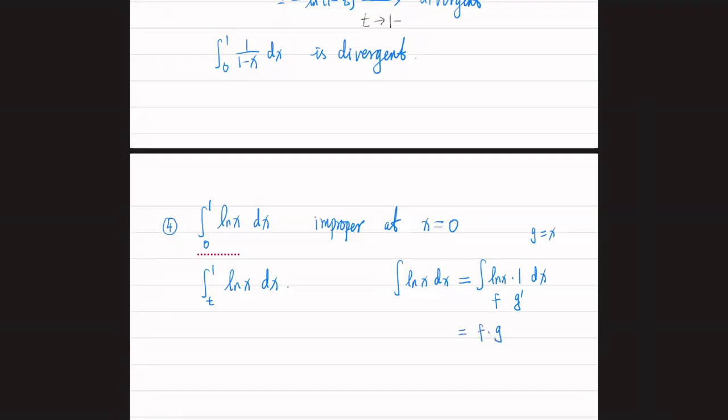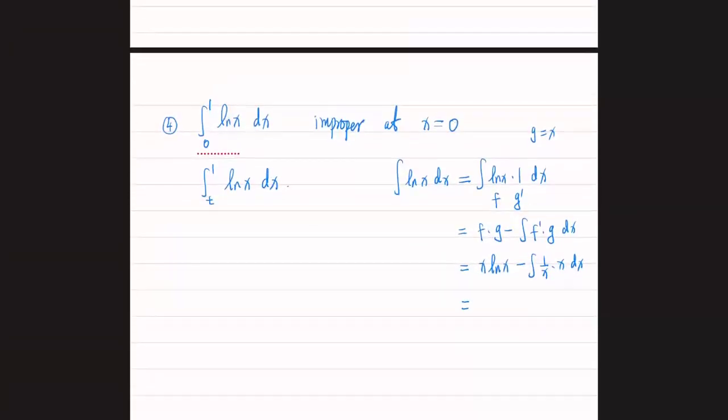So we get f g minus the integral of f derivative g dx. This will be x logarithm x minus the integral of x times 1 over x dx. So one antiderivative of this is x logarithm x minus x.